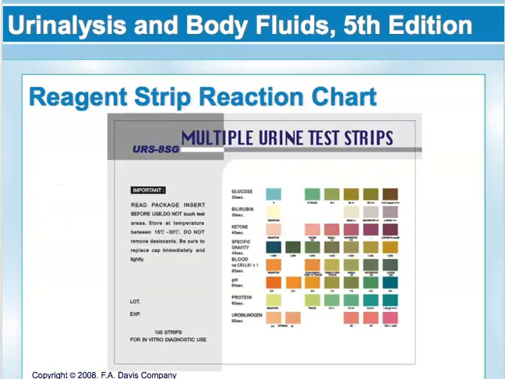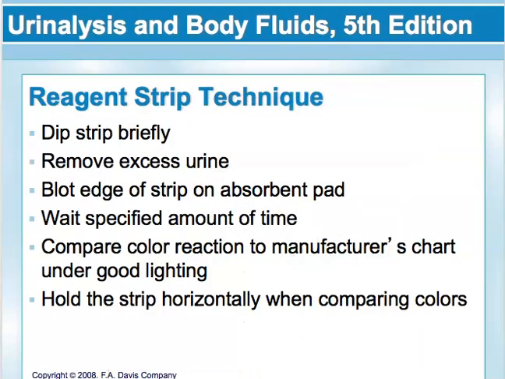Okay, and here's just another example of the color chart that would come with a set of reagent strips, and it shows your tests here. So the different tests that you're testing for on that reagent strip, and then the color reactions. I know it's too small to tell from this slide, but the writing underneath each one of those color pads is the corresponding result.